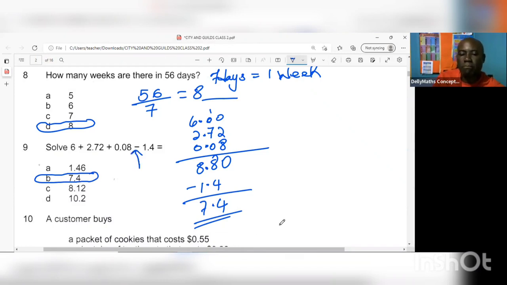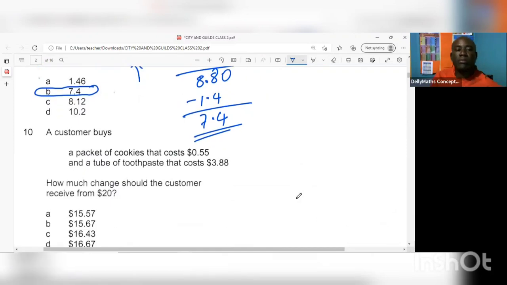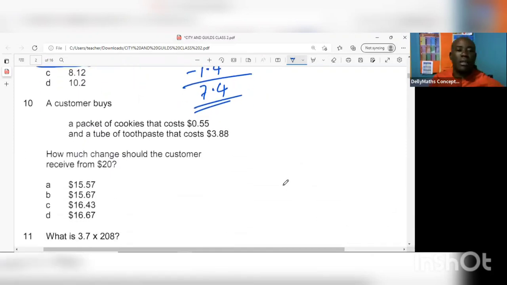A customer buys a packet of cookies that costs 55 cents and a tube of toothpaste that costs $3.80. How much change should the customer get back out of $20? We want to add these together, making sure that you line up your digits properly.